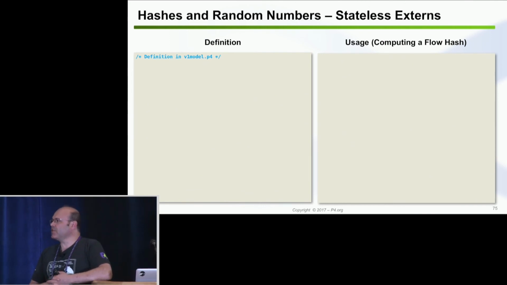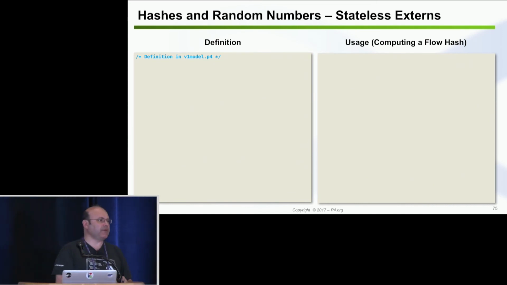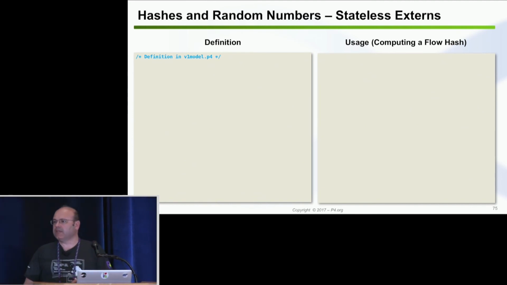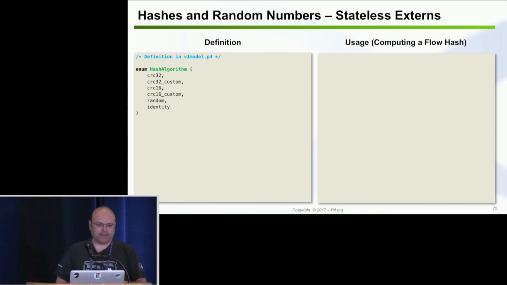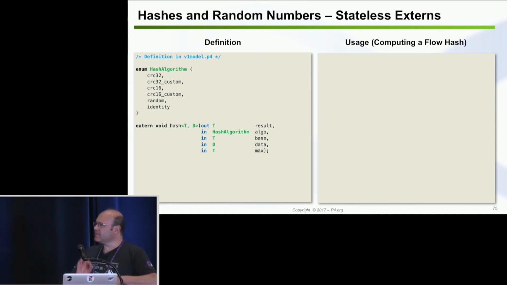And so I just wanted to show you how to use externs to do some custom computation. Computing a hash is a very common thing because we want to compute flow IDs or something like that. This is how the hash computation is defined in V1 model. Actually, I simplified this definition a little bit for clarity.